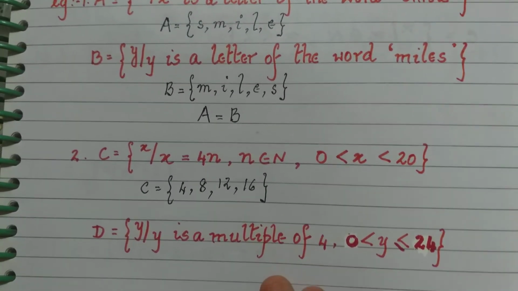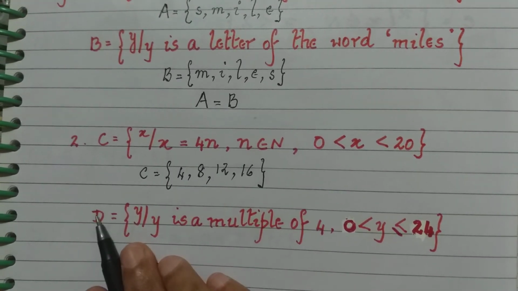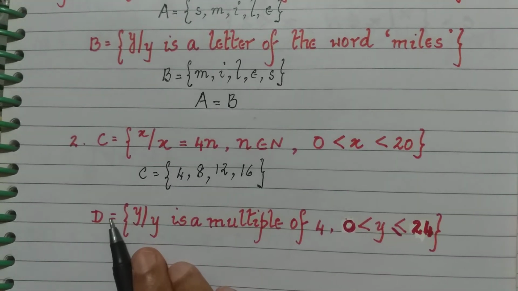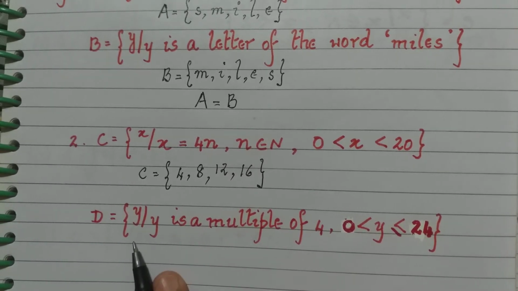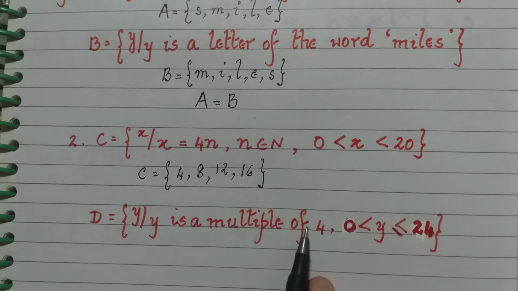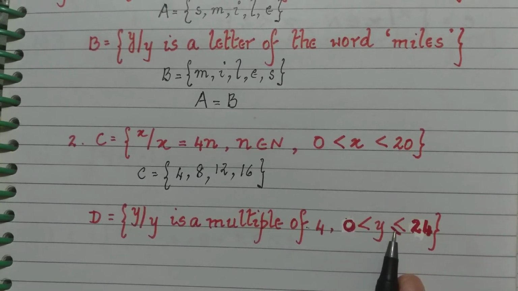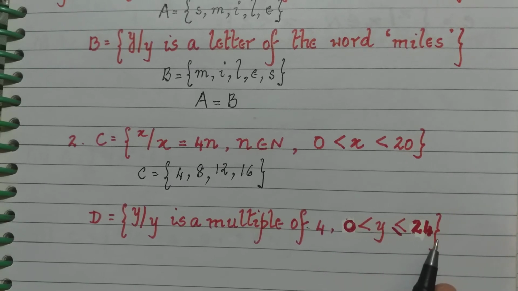Let us go to the next set here, set D. Set D is the set of all y such that y is a multiple of 4 and y lies between 0 and 24.